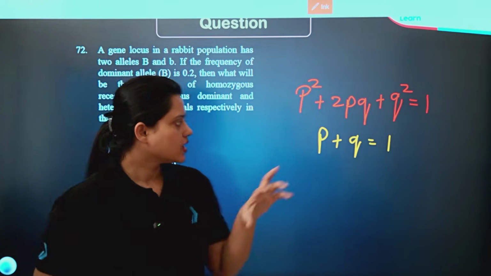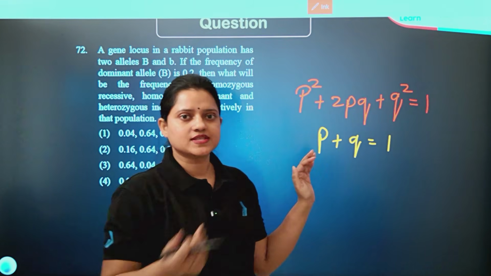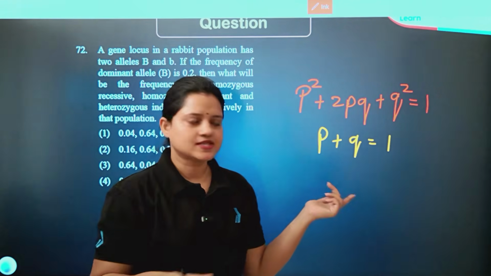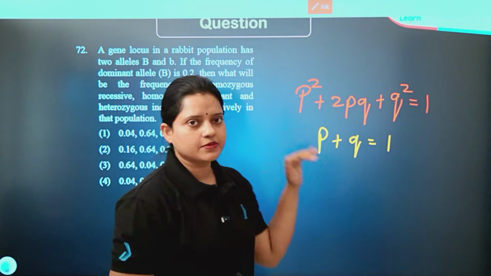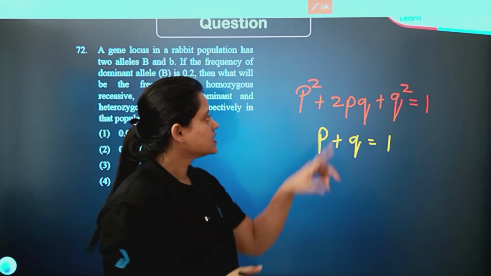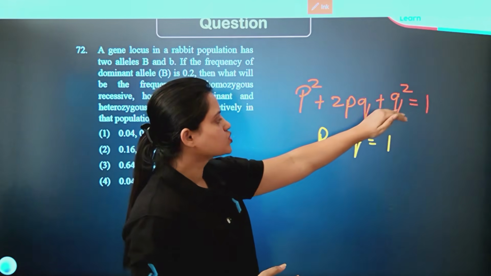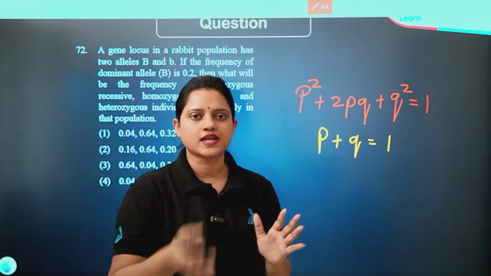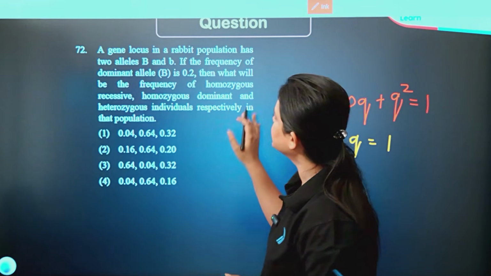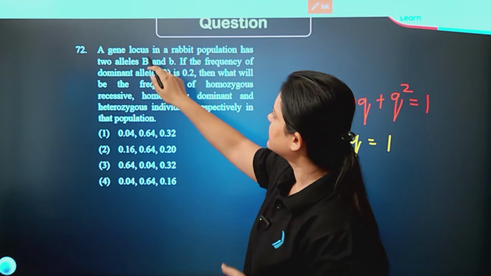So here P, what is P? P is the frequency of dominant allele and Q is the frequency of recessive allele, whereas P square will be frequency of homozygous dominant individuals, 2PQ will be frequency of heterozygous individuals, and Q square will be the frequency of homozygous recessive individuals, right?